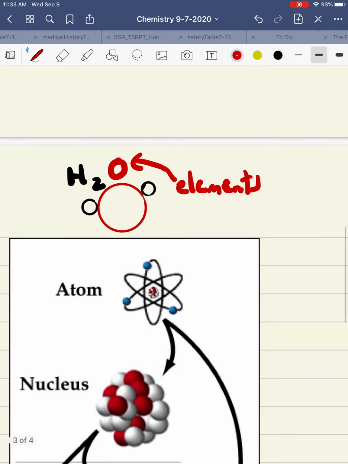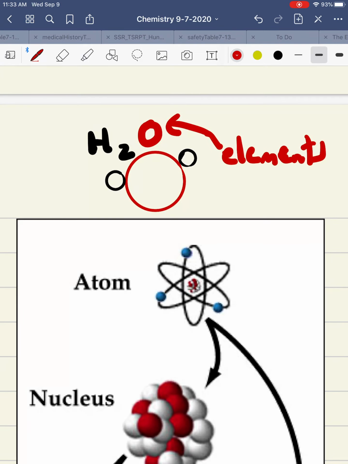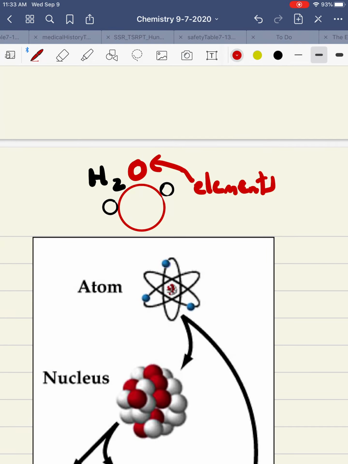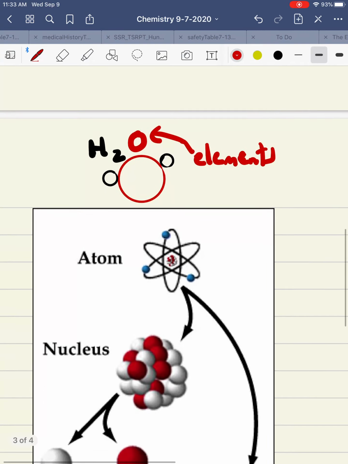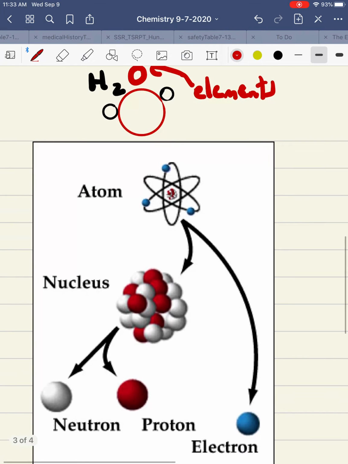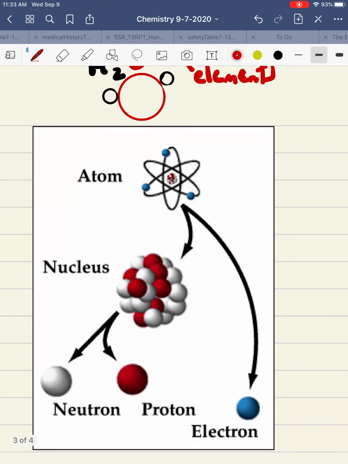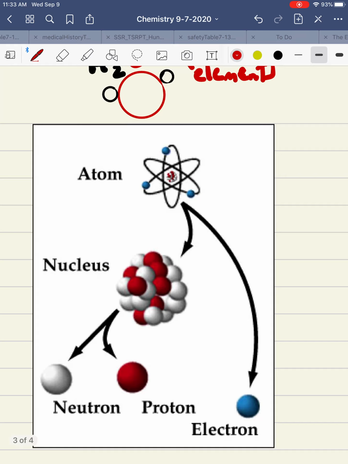If we look at an atom, an atom of oxygen, for example, there are subatomic particles within the atom. And there are 3 subatomic particles I want us to focus on. There are protons and neutrons, which make up the control center, the center of an atom, called the nucleus. So the center of an atom is called the nucleus.